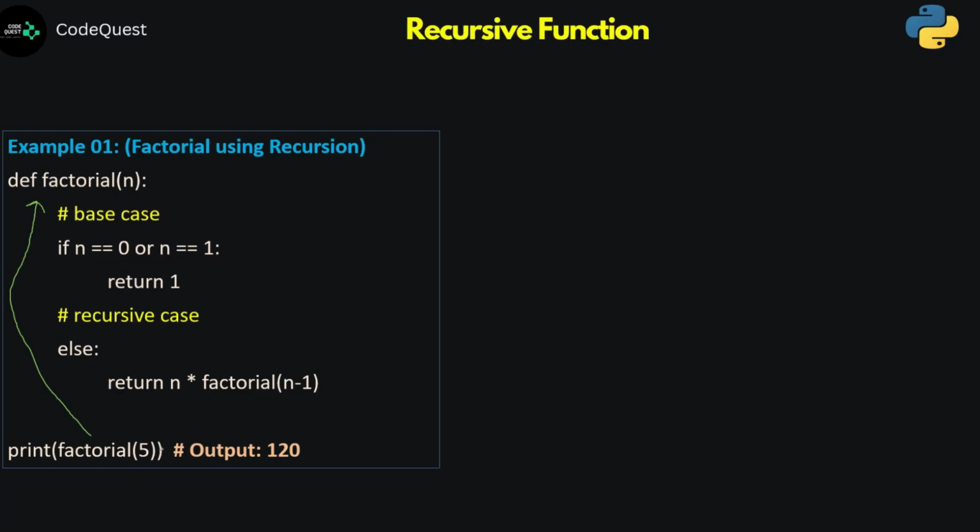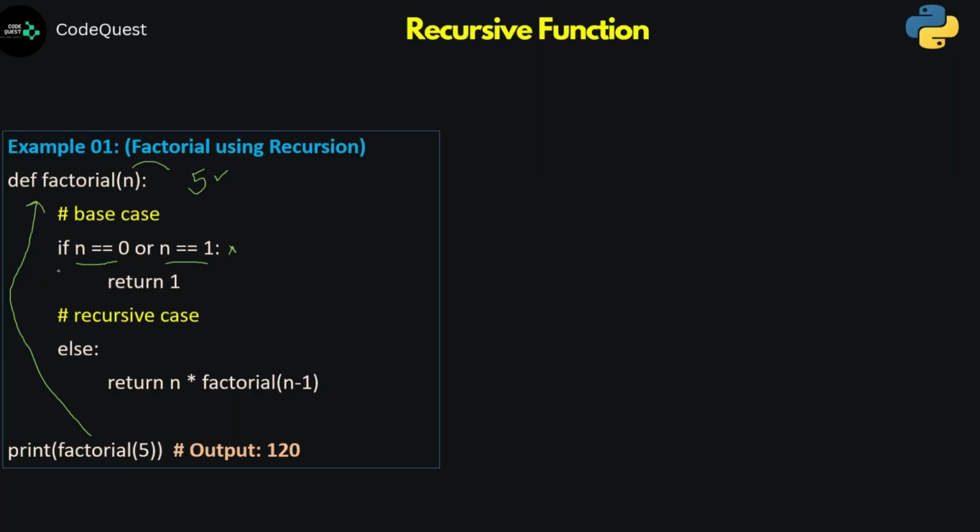As a result, because I'm passing 5 as a parameter, this n value is going to be 5 to start with. So my factorial function is now being called with n, which is nothing but 5. Now my base case is checking if the n value is 0 or 1. Because my n value is 5 now, this condition is going to fail.